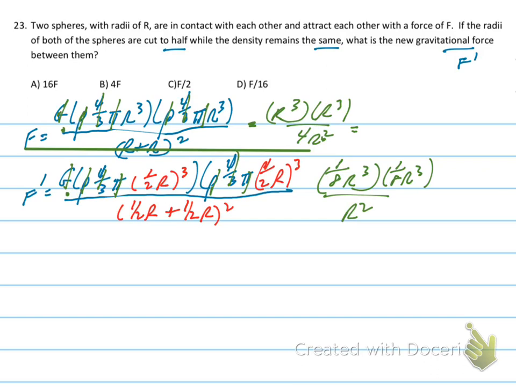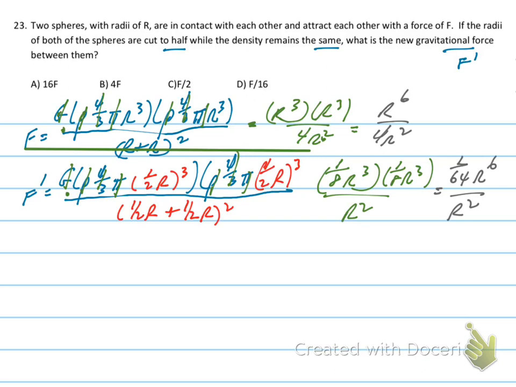Simplifying this further, we can say r to the third times r to the third is r to the sixth over 4r squared. And 1/8 times 1/8 is 1/64 times r to the sixth all over r squared.